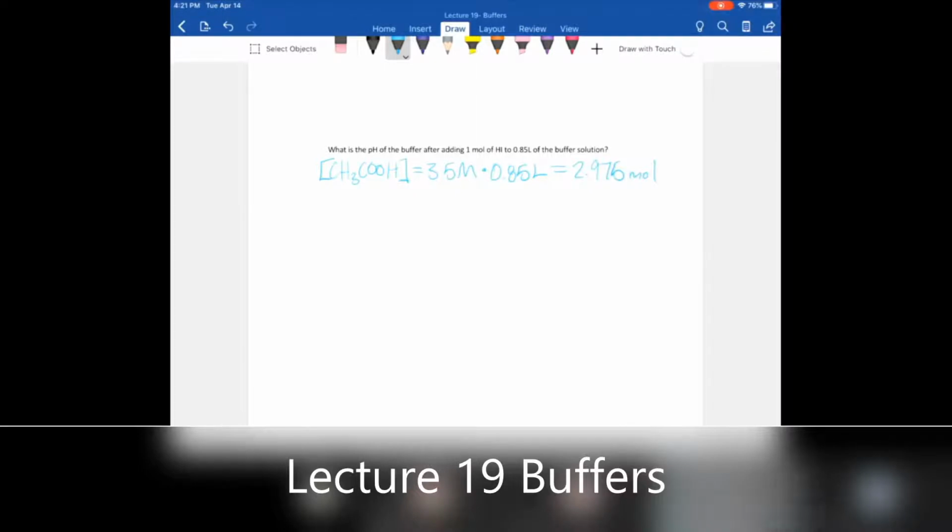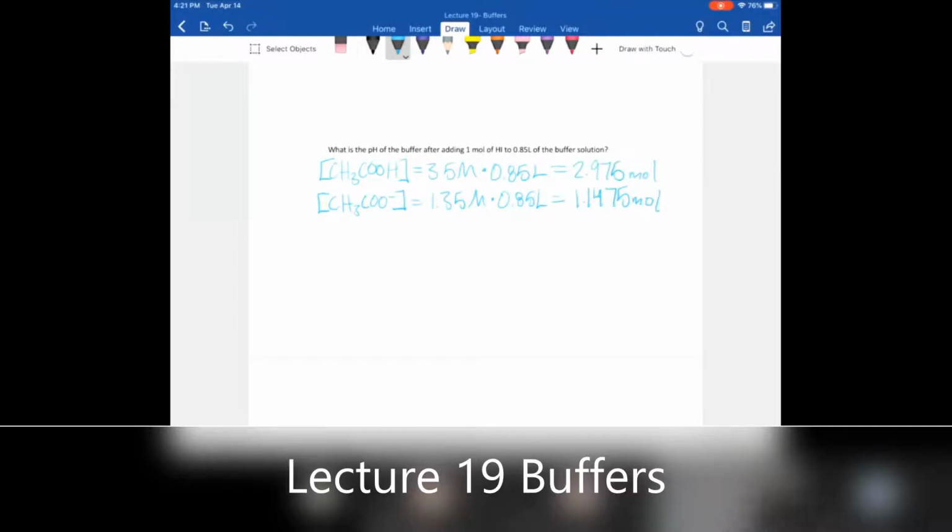And do the same thing for acetate. 1.35 molar times 0.85 liters equals 1.1475 moles.